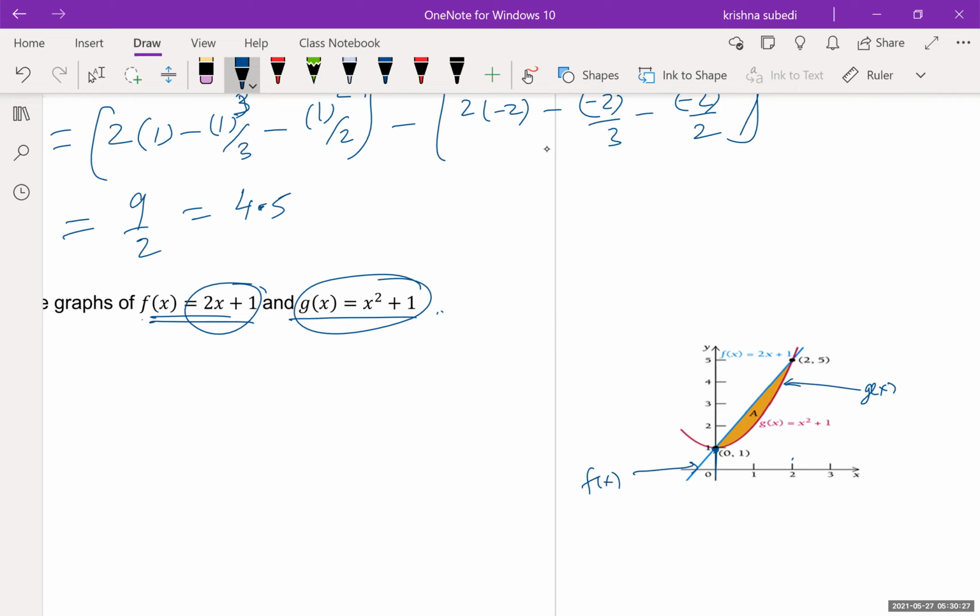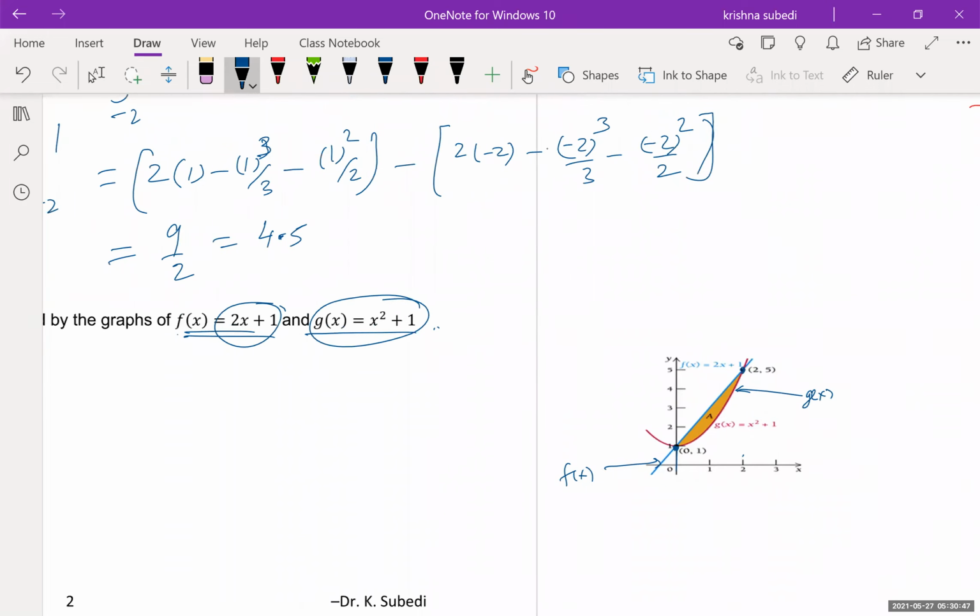Notice that f of x is bigger here throughout the interval. So the interval will actually be the points of intersection, because if the interval is not given, then we find the points of intersection of these curves, and that will serve as the interval. If you just draw the graph, then everything will be pretty clear here, right?